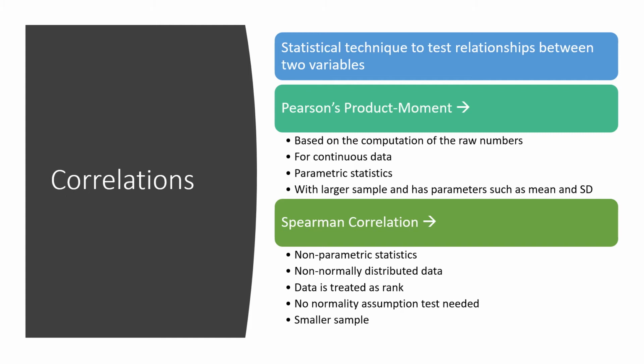So it's kind of like violating your own level of measurement, because your data is supposed to be interval or continuous data, but because of some assumptions that are not met, for example the normality assumption, you will have to treat this continuous data as rank. So no normality assumption test is needed, and it can also be used for a smaller sample.